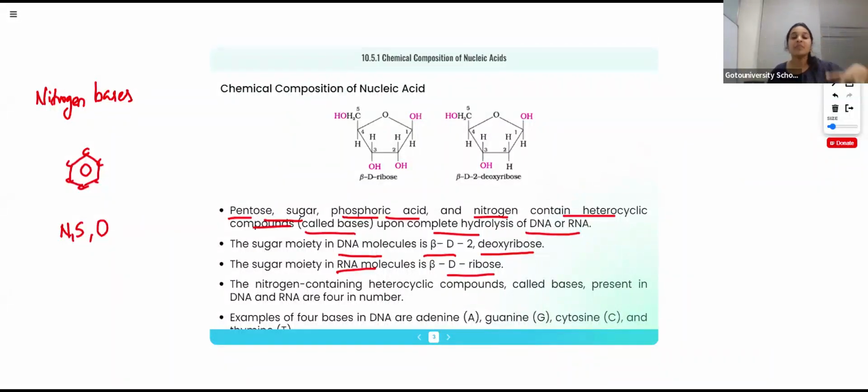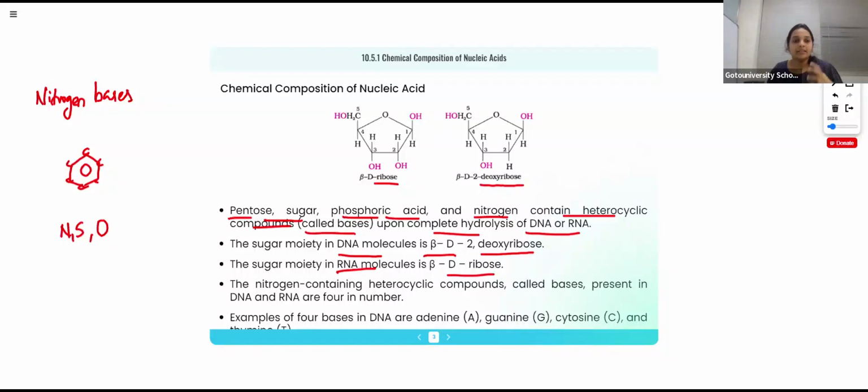Before that, what is the important difference? In the case of DNA, the pentose sugar present is deoxyribose sugar, this one. In the case of RNA, the sugar component present is this ribose sugar. So DNA, deoxyribose; RNA, ribose.